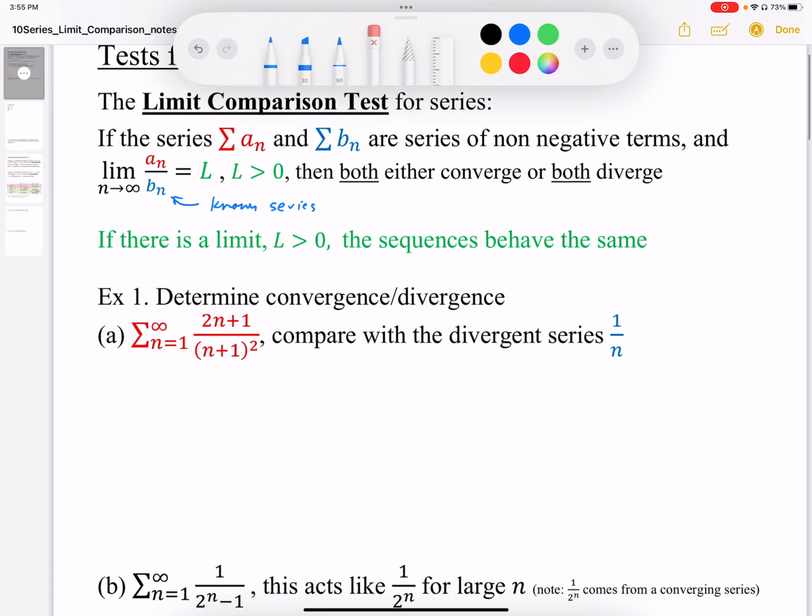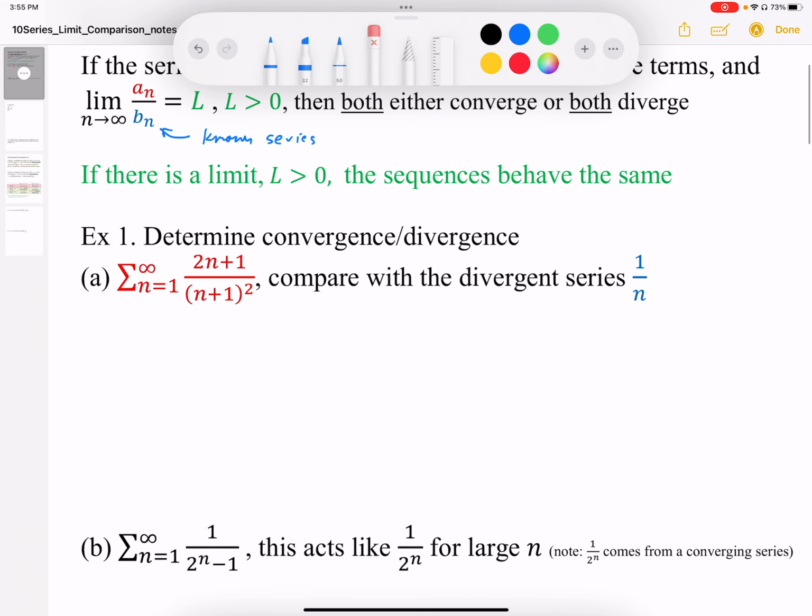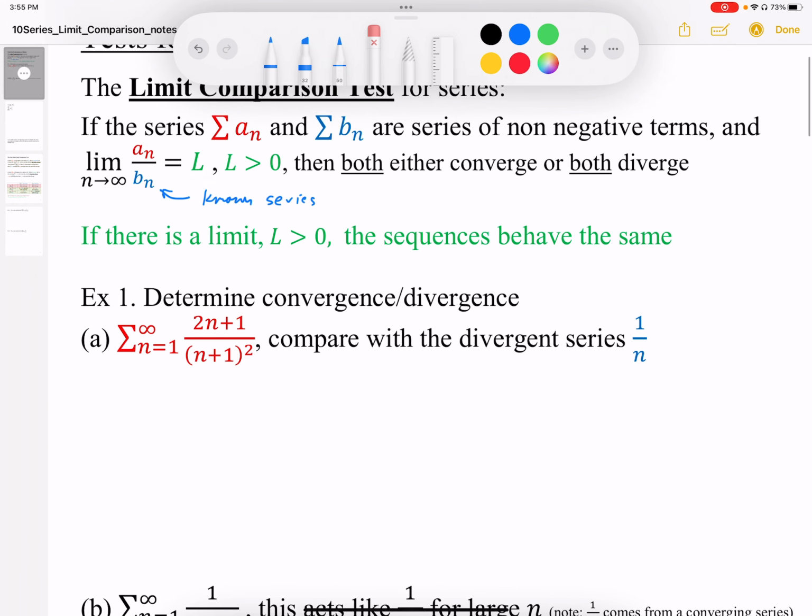In the first example, we're looking at this series that we want to determine whether it converges or diverges. I've told you that we should compare it with the divergent series 1 over n, but there's a reason why 1 over n was selected. When you look at this series, the term of the sequence is 2n plus 1, so the degree of the numerator is 1.